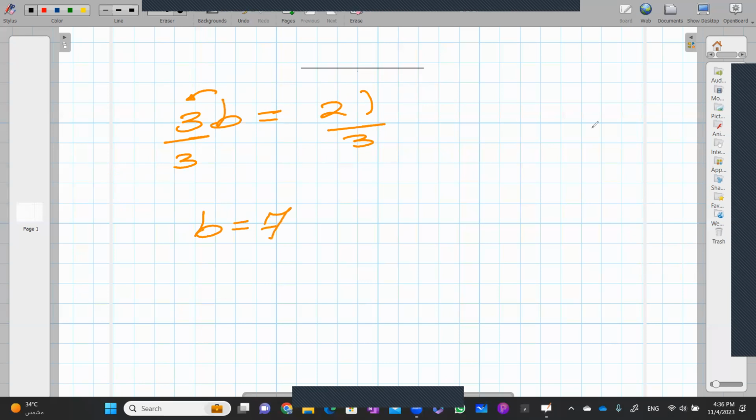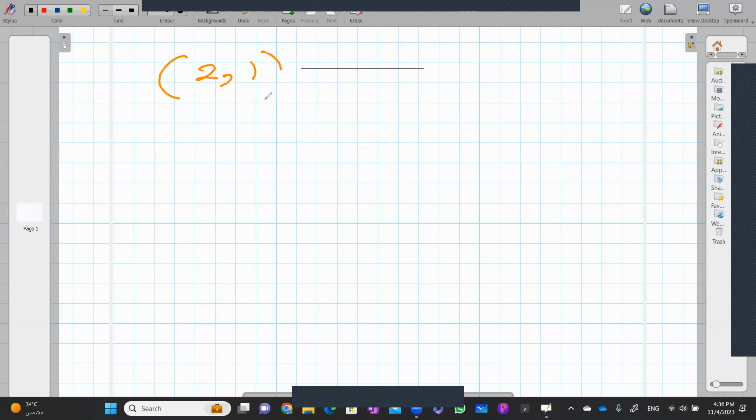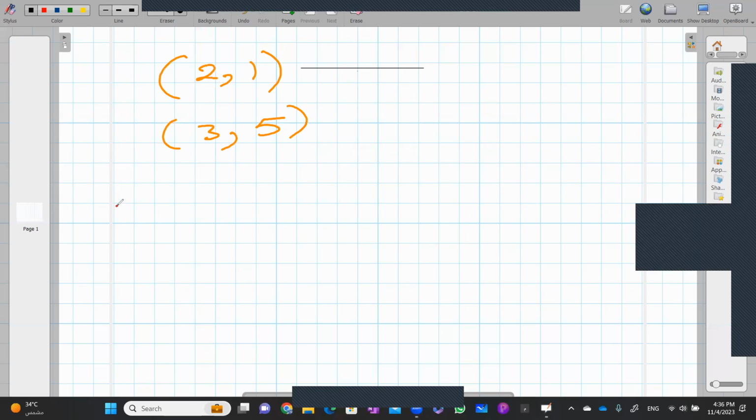How can I find the slope and y-intercept and write the equation from 2 points like this, 2 and 1, 3 and 5? At the beginning, write the rule. M equals what? Y2 minus y1 over x2 minus x1. Second step, write x and y.